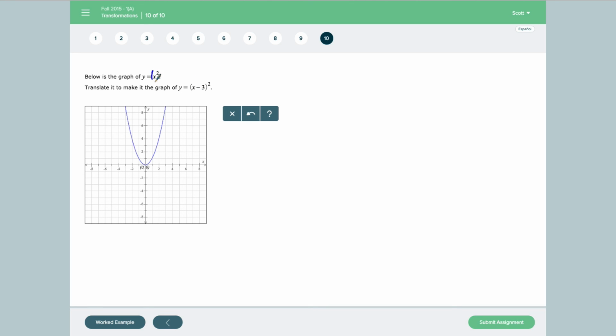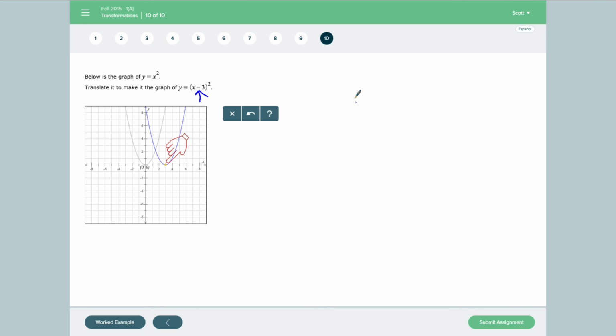And finally, here's my parentheses, and notice it's changing inside the parentheses right here, isn't it? The parentheses are written right in the problem there. I'm minus 3. So I need to move that not left, right 3 units, not 2, 3.